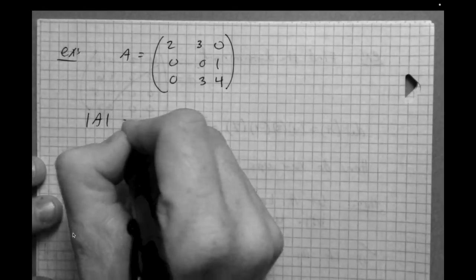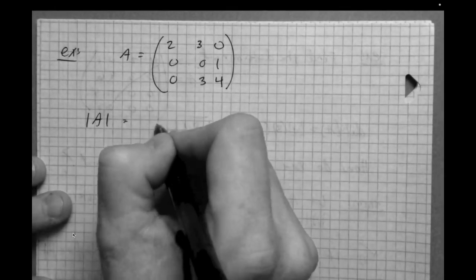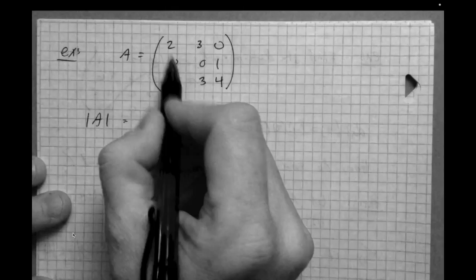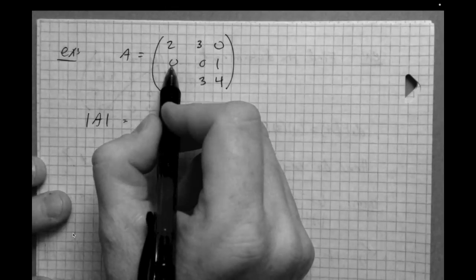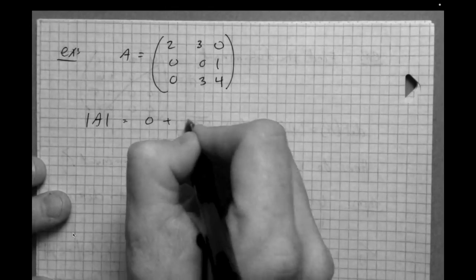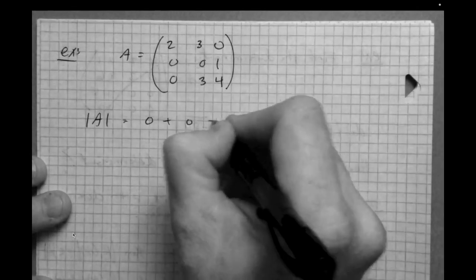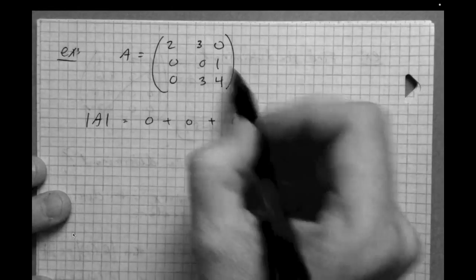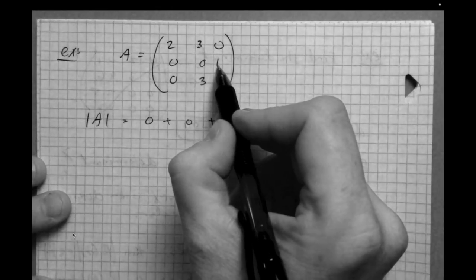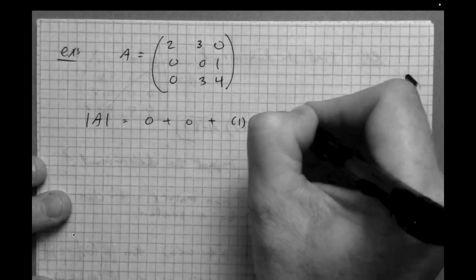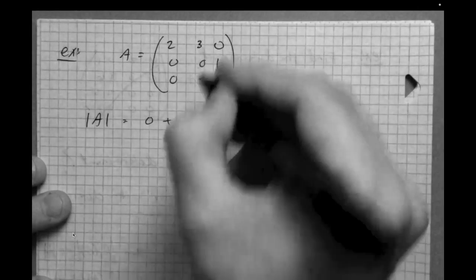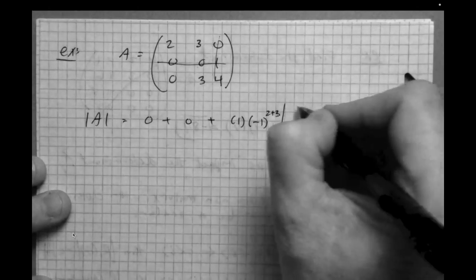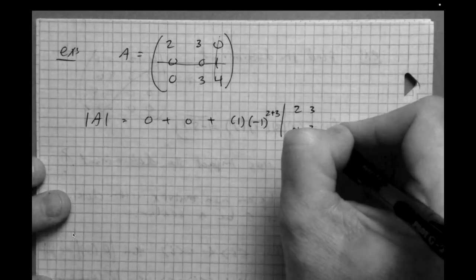And so that's going to be equal to 0 times the submatrix 2, 1, plus 0 times the submatrix 2, 2, plus 1 times negative 1 to the 2 plus 3, since this is the 2, 3 entry, times the submatrix you get when you cross those out, so you get 2, 3, 0, 3.